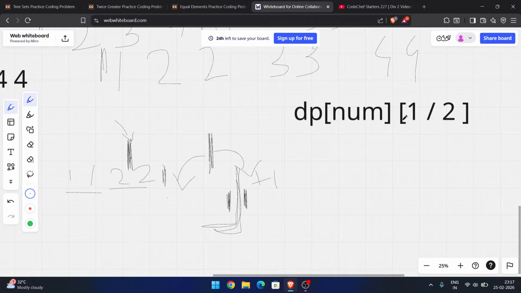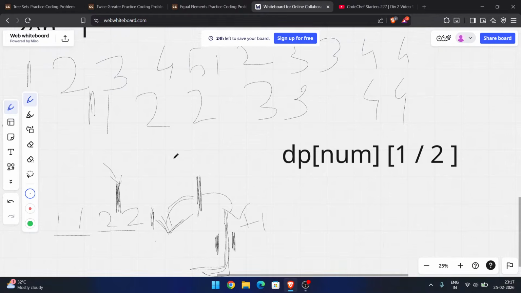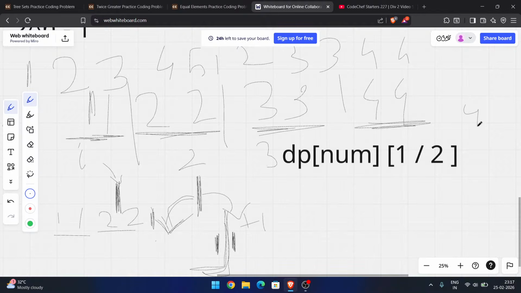So that's why we are taking two states. One option is that this is the first element which we are appending. If the size of the array is 2 into n, we divide the array into chunks, treating this as index 1, this as 2, this as 3, and this as 4.